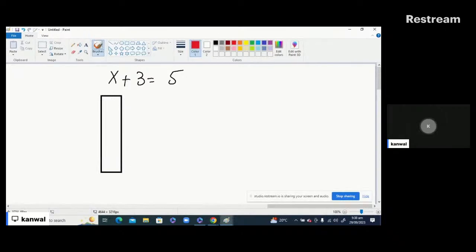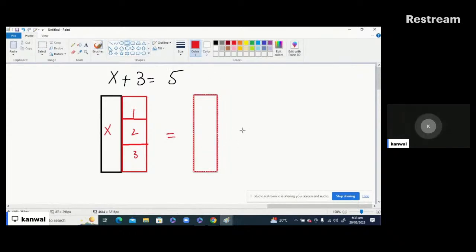Then here is your 3. Okay, this is x, that is 1, 2, and 3, which equals 5. 3 and then 2 more.